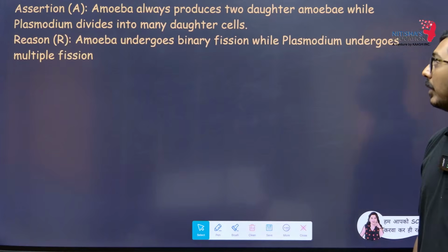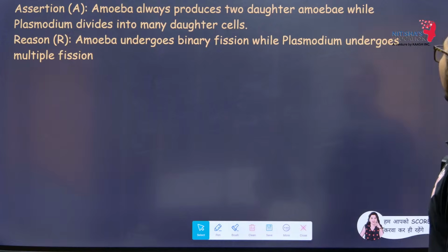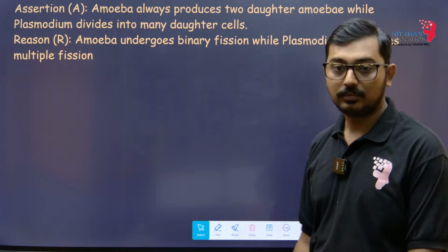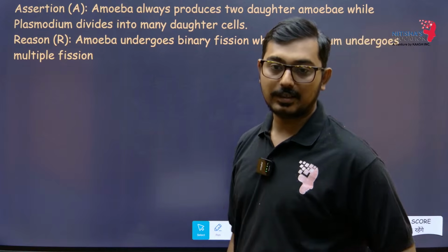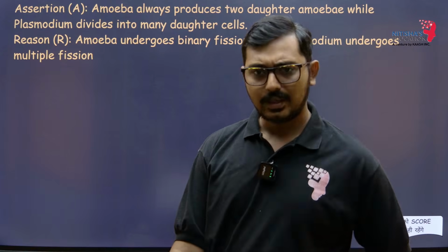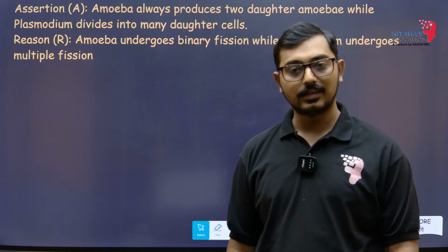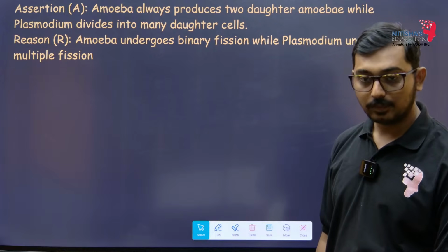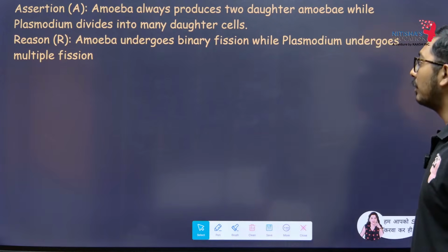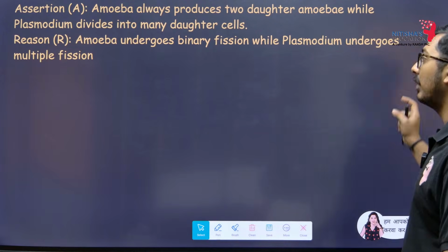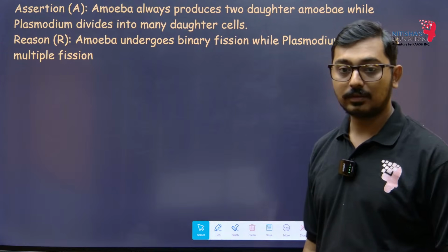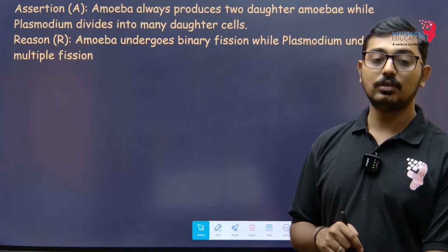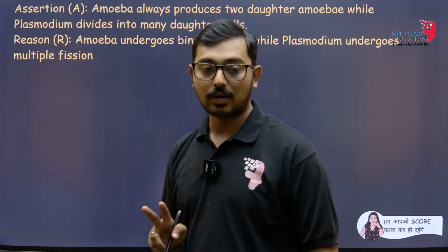Amoeba always produces 2 daughter cells, while Plasmodium divides into many daughter cells. So first, whether the statement is true or false. Obviously amoeba provides only 2 daughter cells, but Plasmodium can divide into more than 2. Amoeba undergoes binary fission while Plasmodium undergoes multiple fission. That is also correct. As it is binary fission, amoeba provides 2 daughter cells.